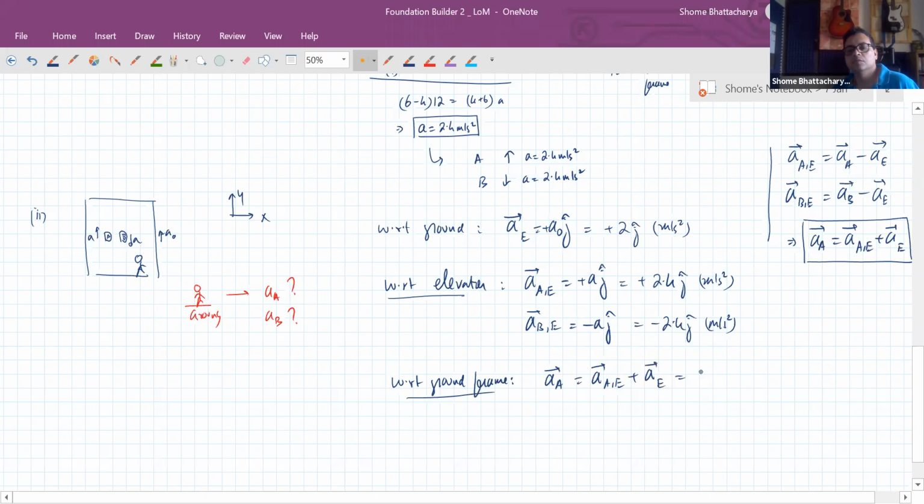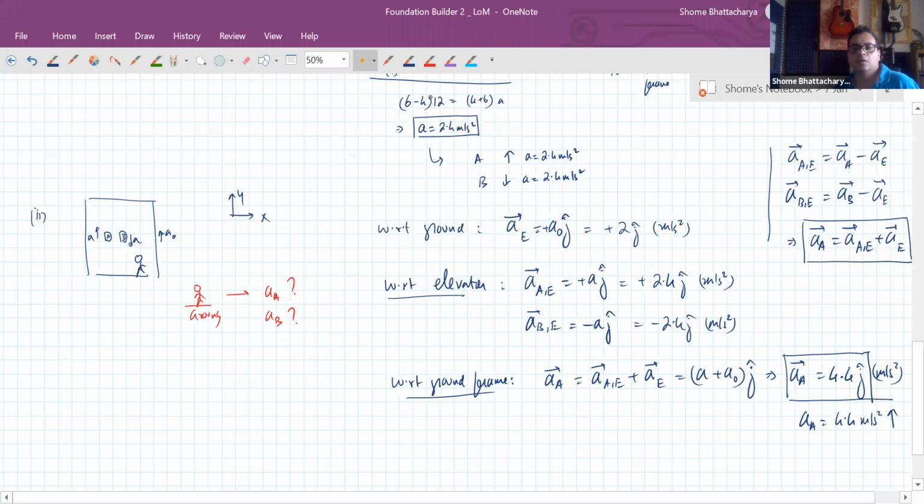So it will become a plus a naught j cap. So the acceleration of block A will become 4.4 j cap in meters per second square, positive 4.4. So this is what we are looking for. Acceleration of A will be upwards.